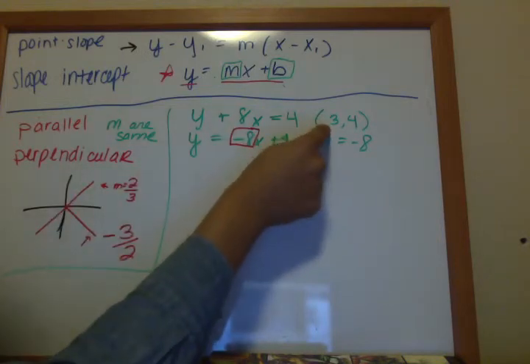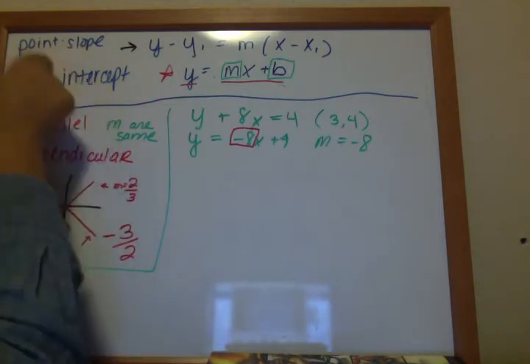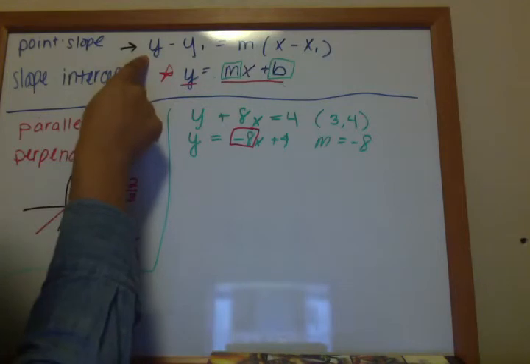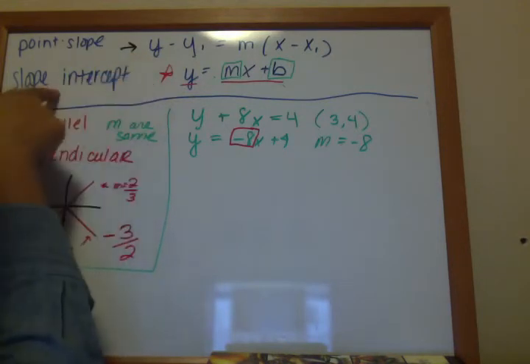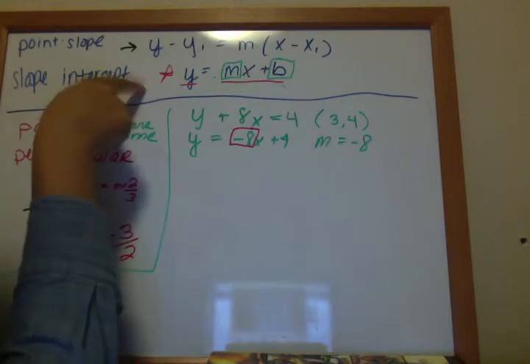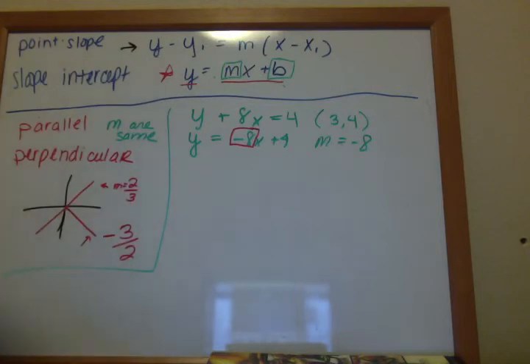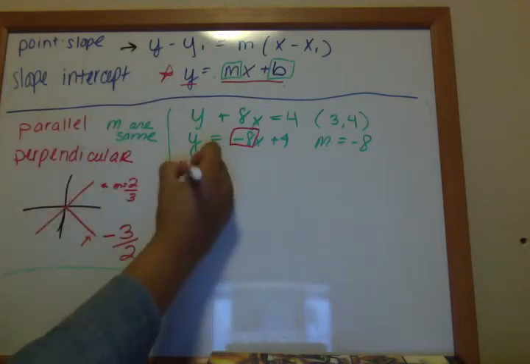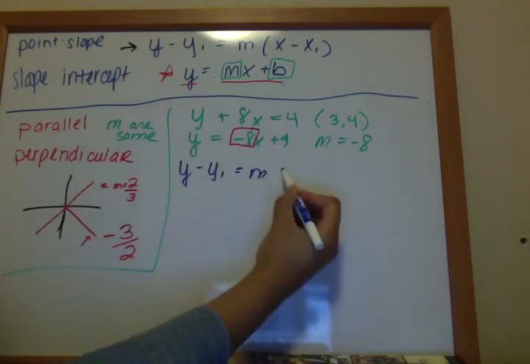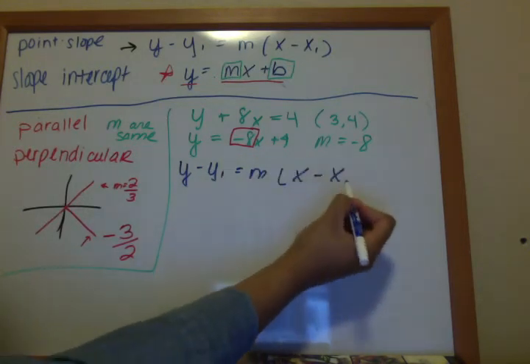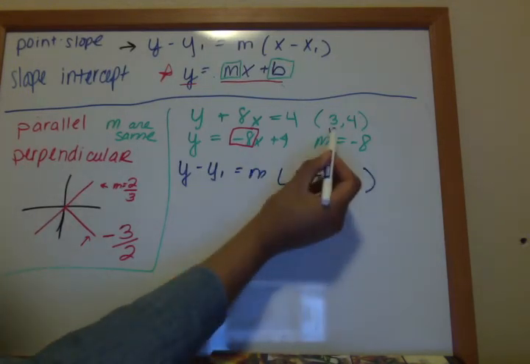So they give us one point that's on the graph. To get it into slope-intercept form, we must use this point-slope equation. Okay? So just think, whenever it wants you to put something in slope-intercept form, you must first start with this. That's all it's saying. So let's start. y minus y1 equals m times x minus x1.